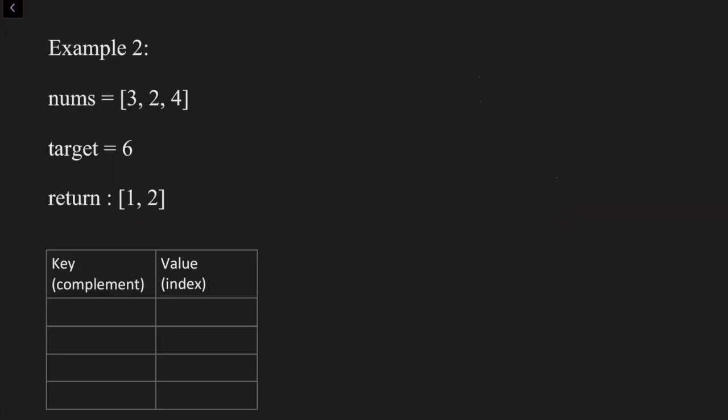This next example has 3, 2 and 4, and we have a target number of 6. As you can see, we have 2 and 4 here, so 2 plus 4 is 6, so we're going to return the indices 1 and 2 as the result.